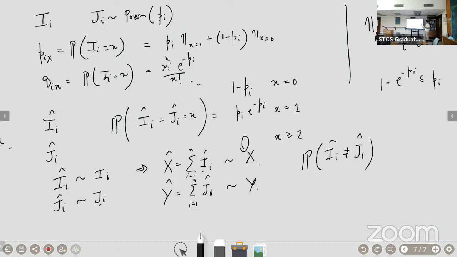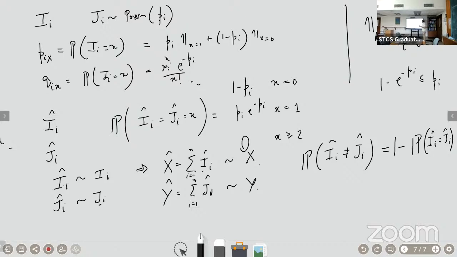If you were to somehow bound this, what will that bound look like? This is 1 minus the probability that I hat equals J hat. And how much is this quantity?